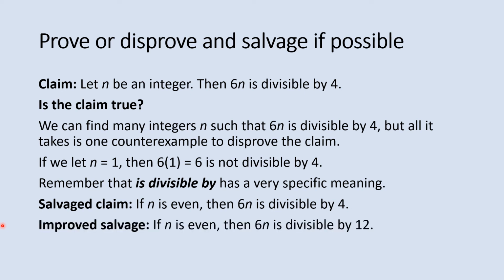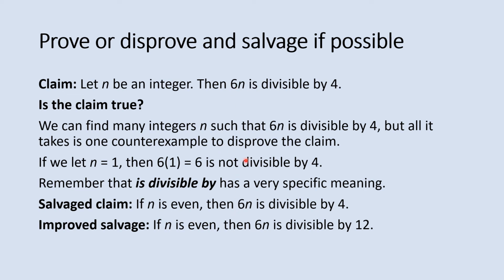But we can do better than that. We can have a more improved salvage that says if n is even, then 6n is divisible not just by 4, but by 12. And again, this works with any even number, whether it's positive or negative or 0.